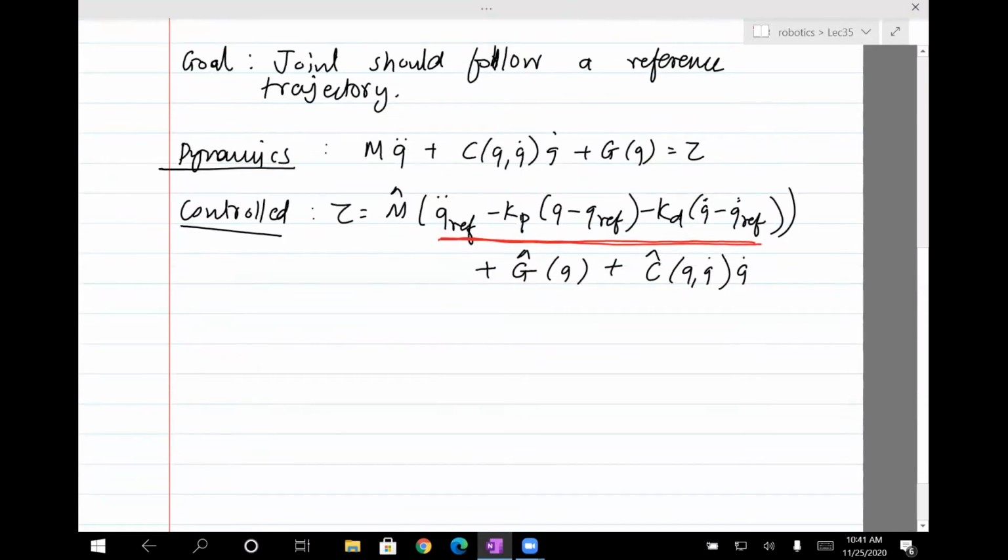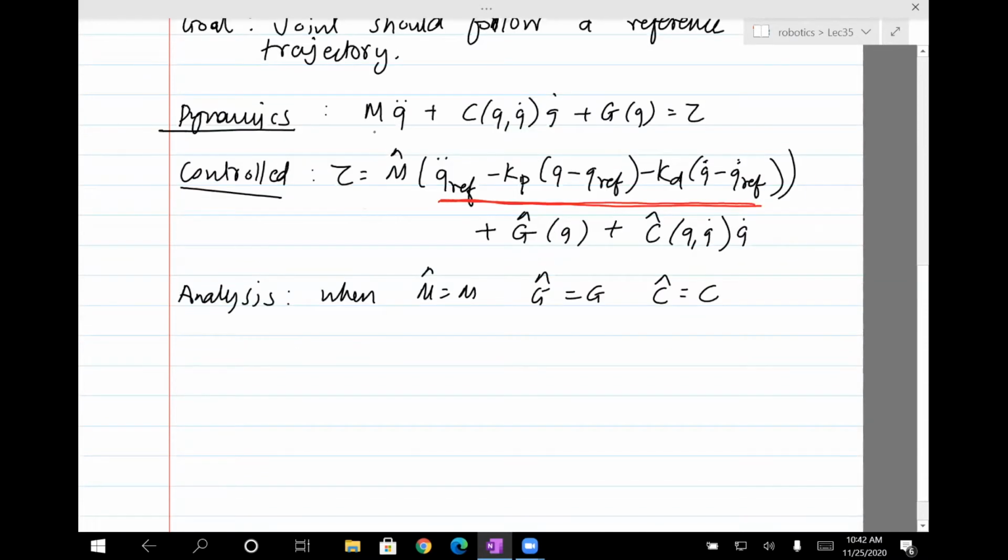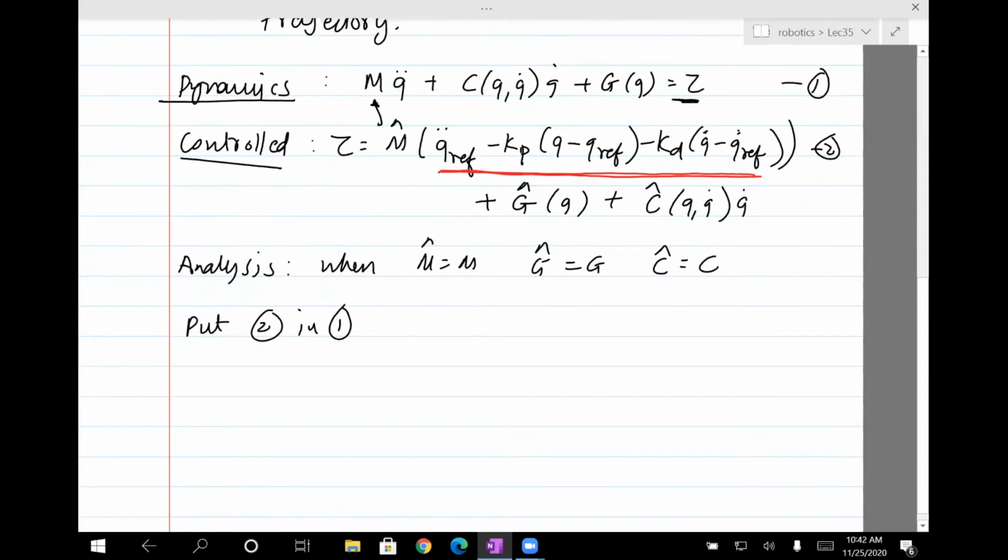Okay, so let's analyze the system for the simple case when m equals m hat, g hat equals g, and c hat equals c. So let's put equation 2 in 1, and the way it changes is that you need to substitute the value of torque.